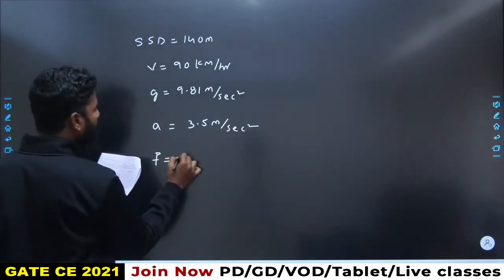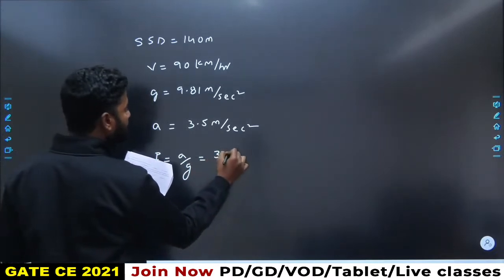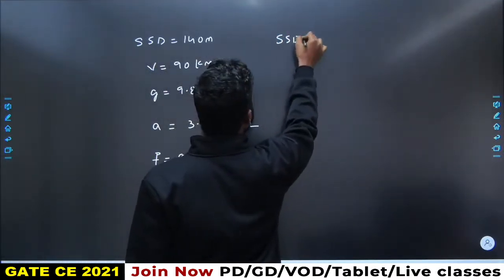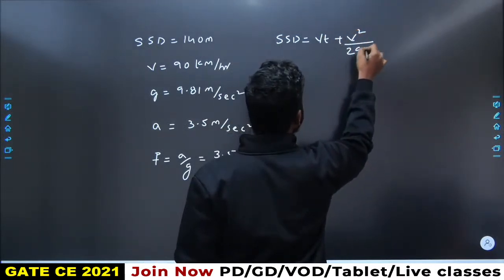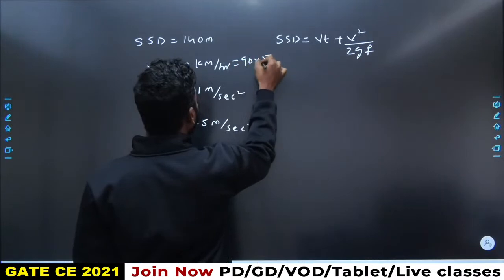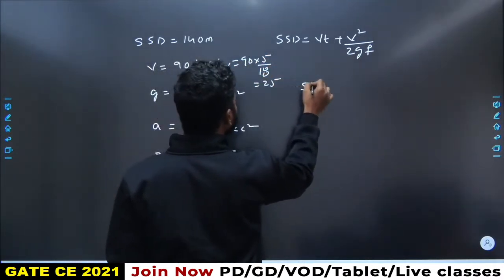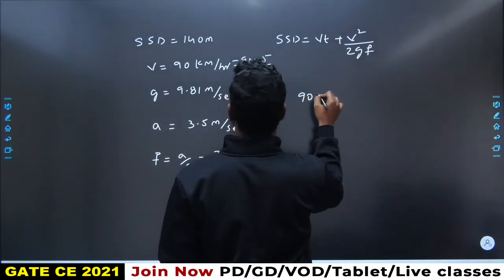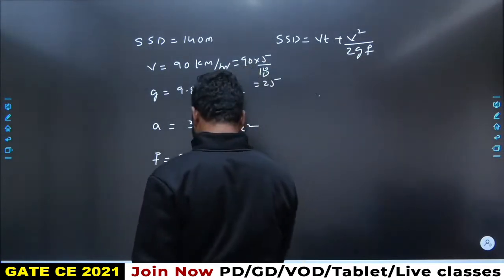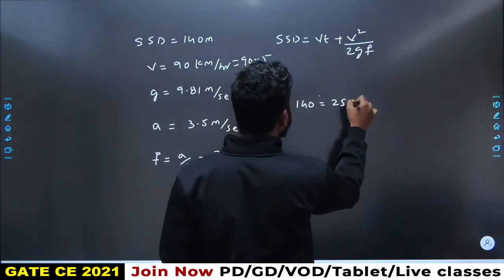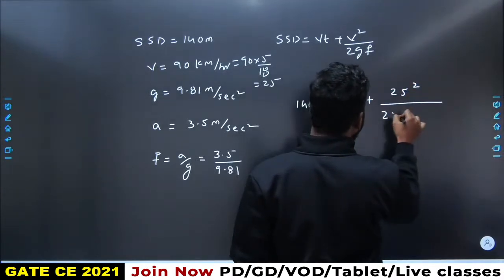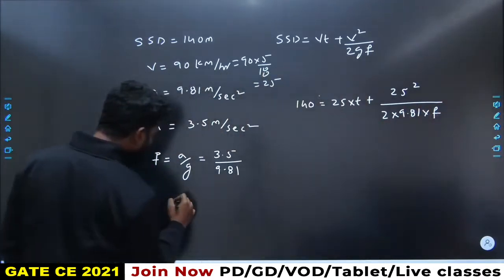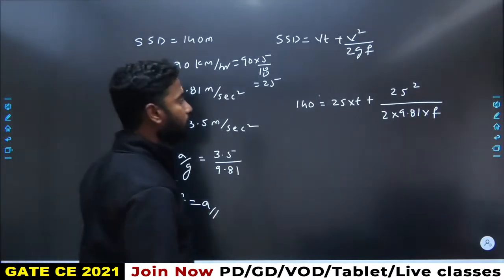So what is the f value? f or mu is equal to a by g, that is 3.5 upon 9.81. And SSD is equal to Vt plus V square upon 2gf. 90 kilometers per hour is 90 multiplied with 5 by 18, that is equal to 25 meters per second. So 140 equals 25 multiplied with t plus 25 square upon 2 multiplied with 9.81 multiplied with f. What is g into f? g into f is equal to a, that is 3.5.